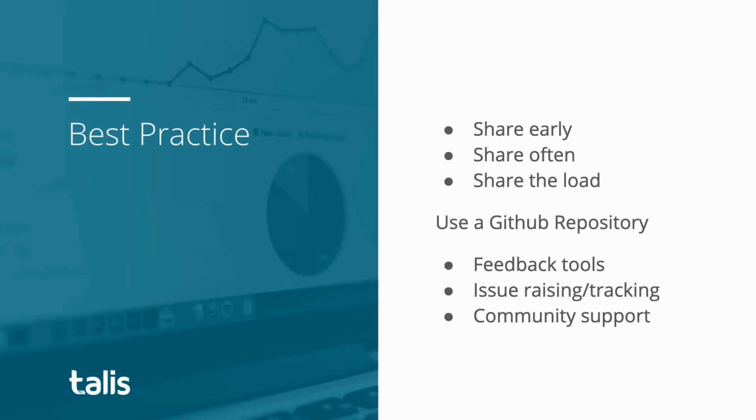We also want to think about best practice here, because there's a lot that goes into writing something that uses an API. There's a lot of things to think about. So we'd encourage you to share early. It's that kind of, I've had an idea, but I'm not sure if it's a goer, that kind of thing. Within our own development practice within Talis, we have this concept of a 30% review.